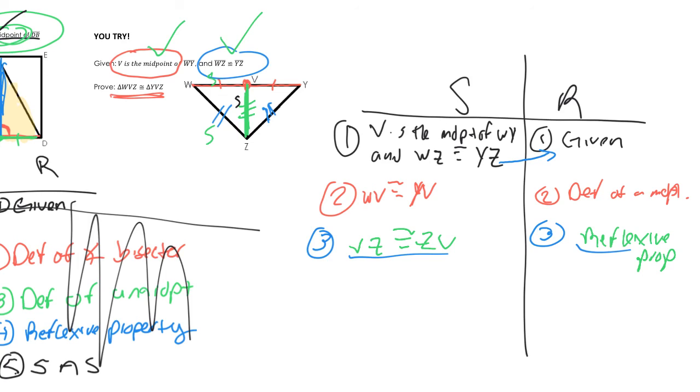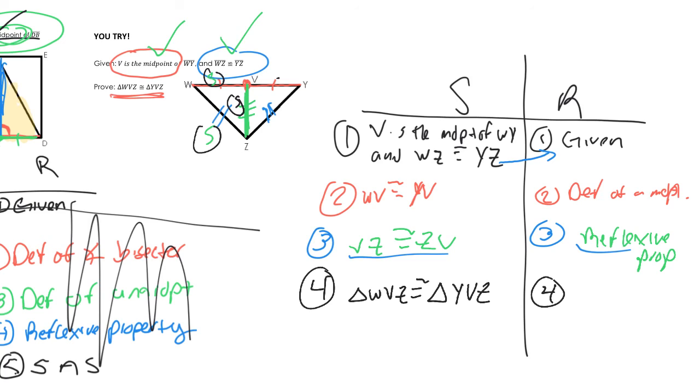And now I have a side, the red sides are equal, the blue sides are equal, the green sides are equal. So I got 3 things. Triangle WVZ is congruent to triangle YVZ. And my postulate is 3 sides, side, side, side. It's like the easiest one.